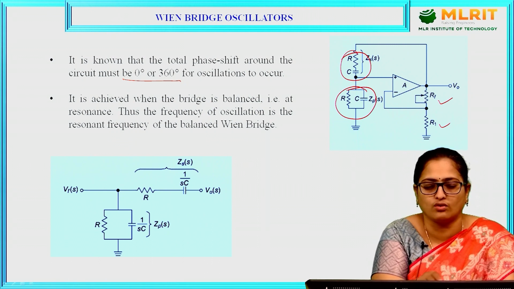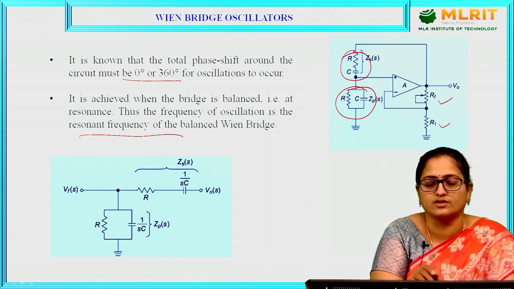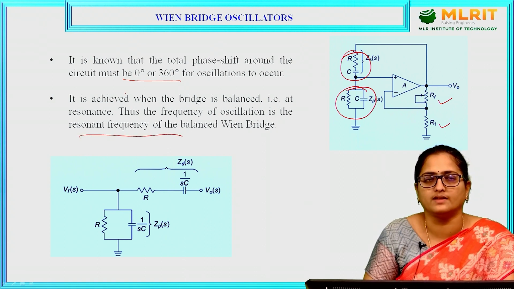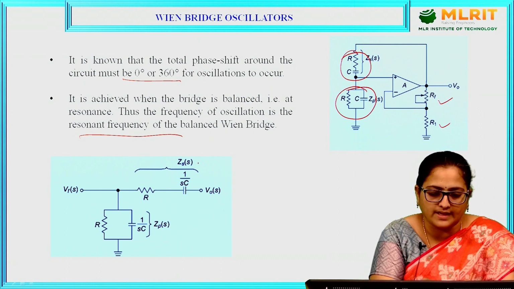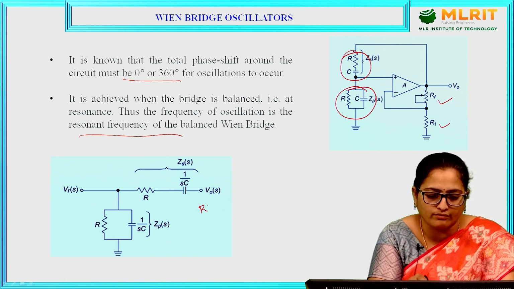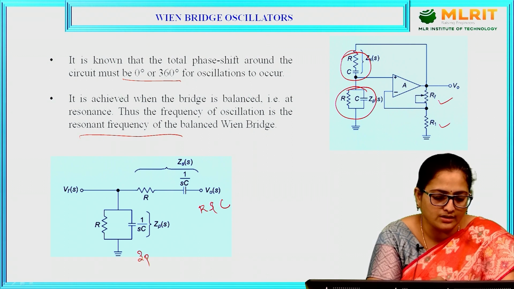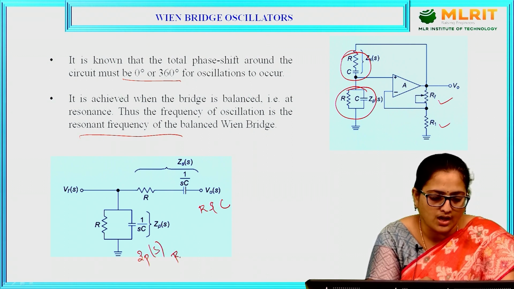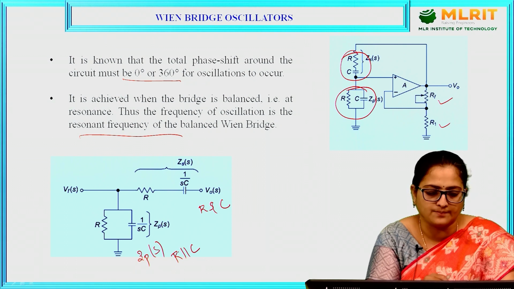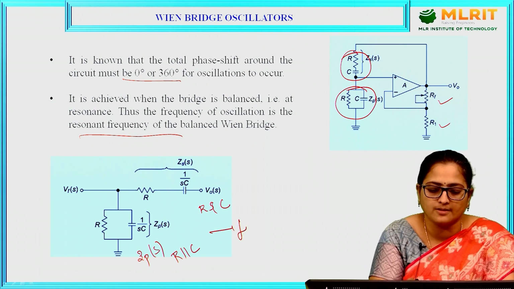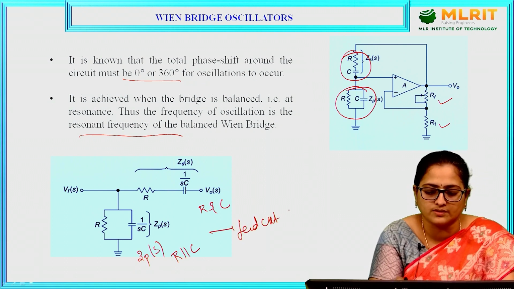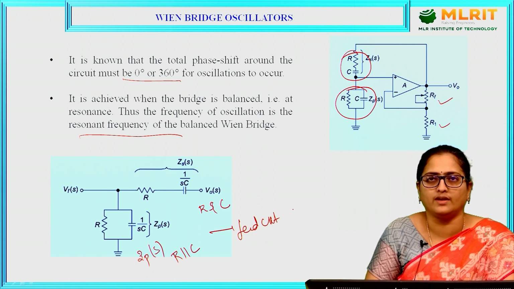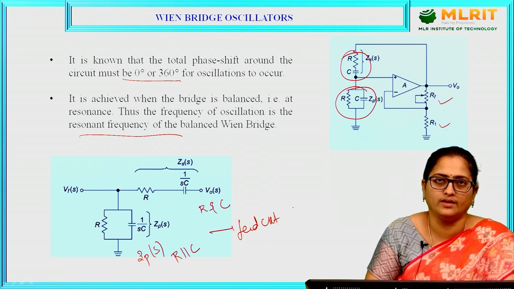Thus, the frequency of oscillation is the resonant frequency of a balanced Wien bridge. Zs is a series combination of R and C, and Zp is represented with R parallel with C. This is a feedback circuit which is connected to the input of the amplifier from the output of the amplifier.